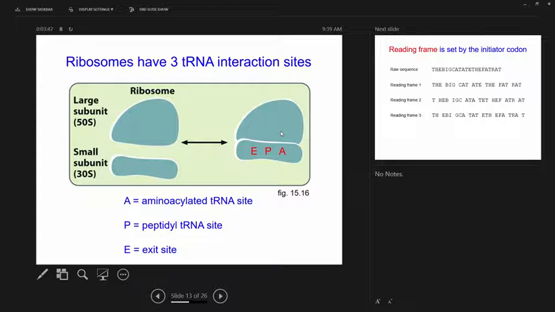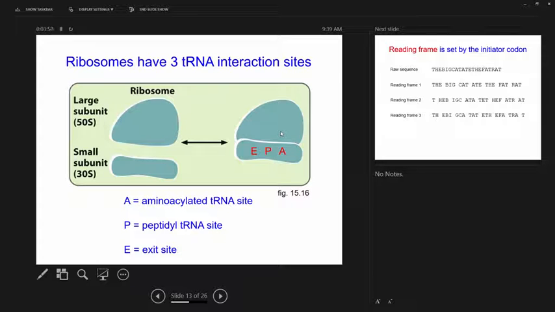The reason why we want to think of it in this direction is because that shows how, and we'll see in the next few slides, how proteins are made. So new transfer RNAs bearing amino acids are going to come into the A site.